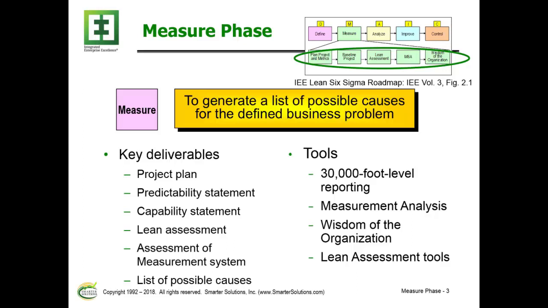Now, the predictability statements, I think, is a really important point, and also the capability. I've seen in a lot of traditional Lean Six Sigma report outs that it's really not given a whole lot of emphasis, and I'm suggesting that's a really important piece of it. And the way we report it out is a 30,000-foot level report out.